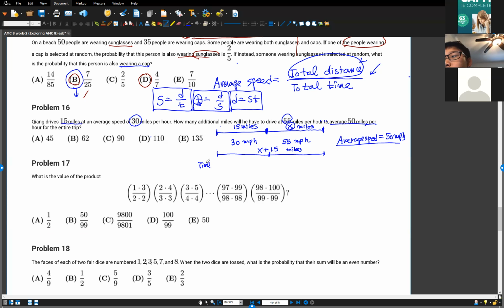To travel 30 miles, it takes 1 hour. To travel half of that, it takes 0.5 hours. Or you can use the formula: distance is 15 miles, speed is 30 miles per hour. That equals 0.5 hours, isn't it? For this section, it takes 0.5 hours from here to here.